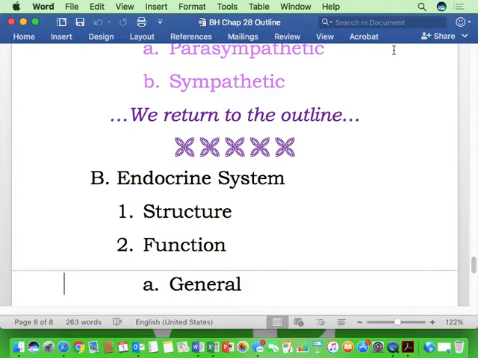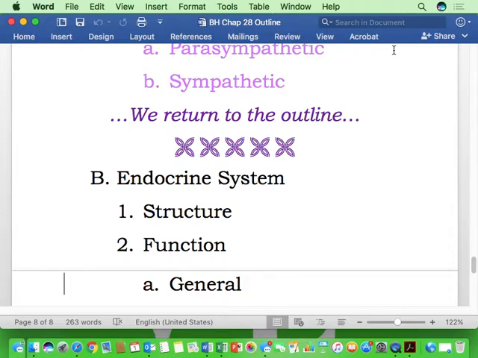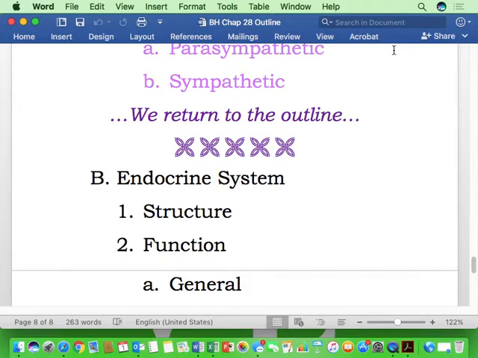So the general function of the endocrine system is it is the slow-acting control system of the body. And so it works using chemical messengers carried by the blood called hormones.